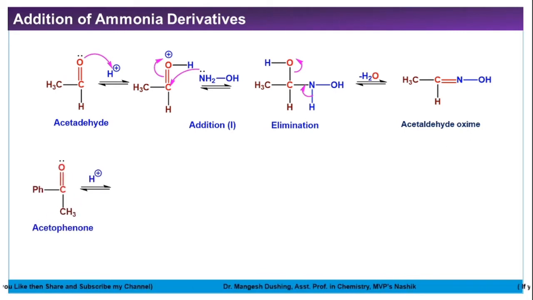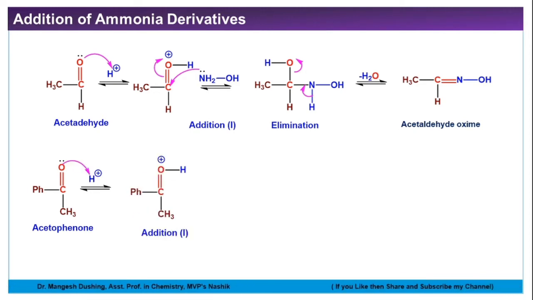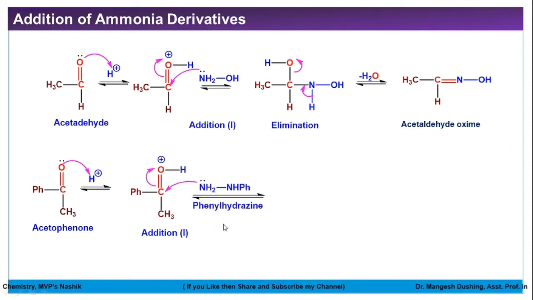Now the next reaction is with acetophenone. So this is the structure of acetophenone. In acidic condition, the first step will again be protonation. So a lone pair is lost from this oxygen to the proton and the oxonium ion will form. Then this is an addition reaction with phenylhydrazine. This is the structure of phenylhydrazine, NH2 NHPh.